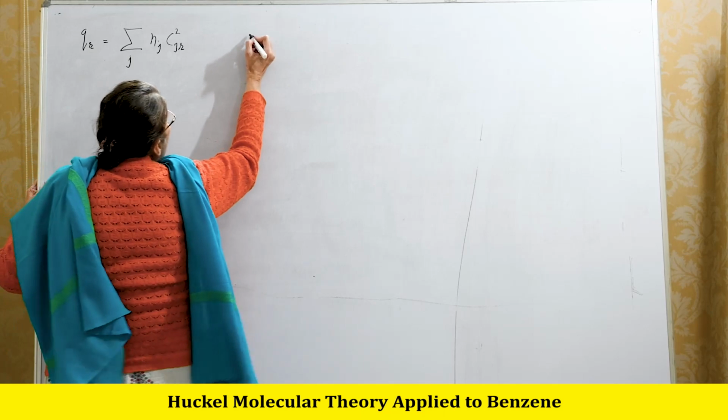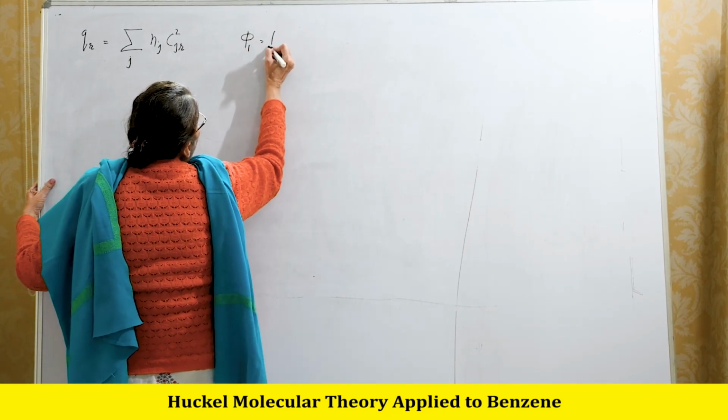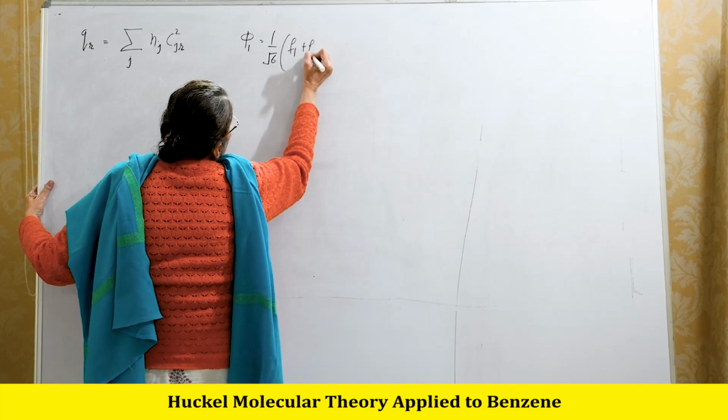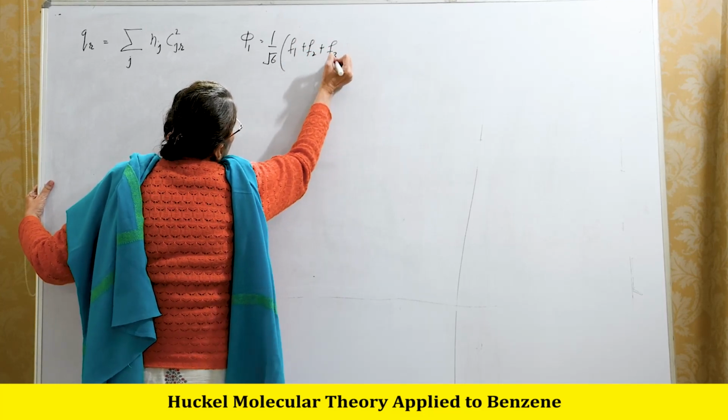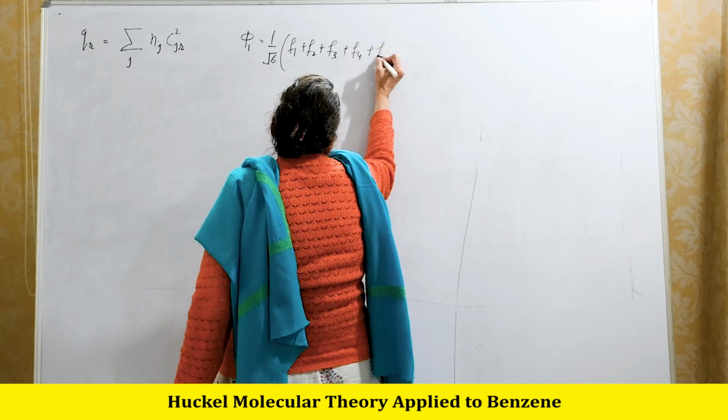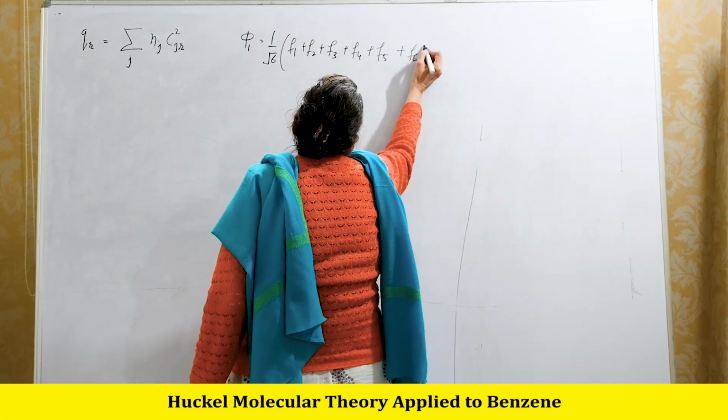So suppose phi 1 is 1 by root 6 times F1 plus F2 plus F3 plus F4 plus F5 plus F6.